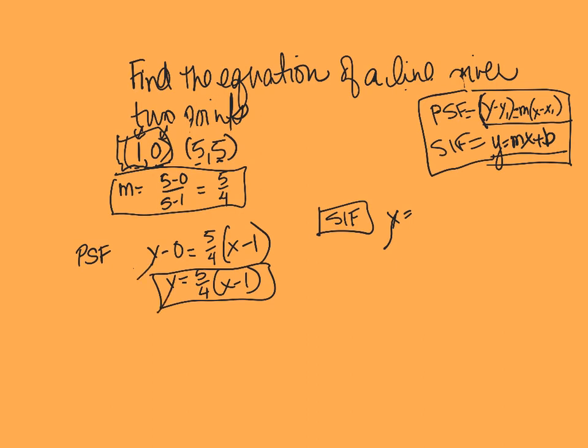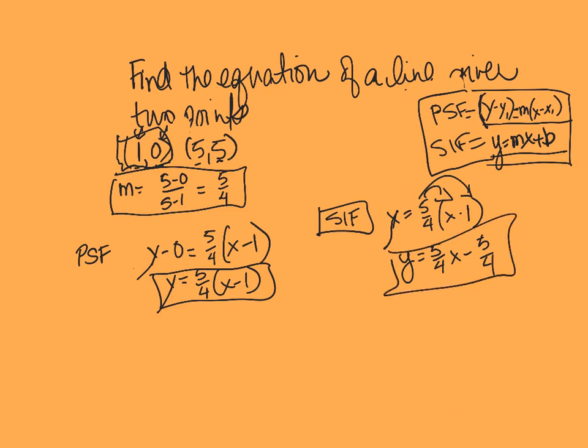My y's are starting to look a little bit like x's. So y, and then we're going to just distribute our slope out here and here. So then we're going to have y equals 5/4 x minus 5/4. And then that will be in slope intercept form.